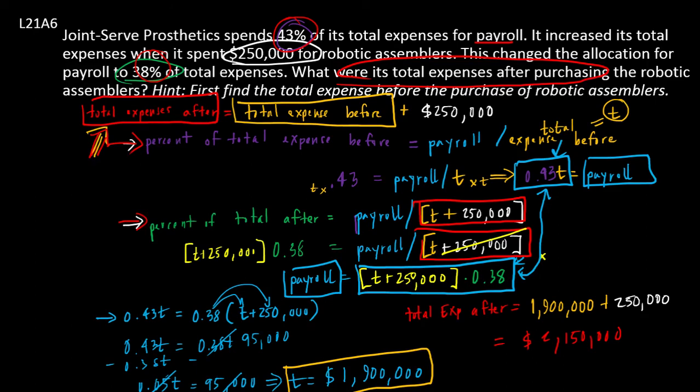So payroll, the number itself, didn't change. That key allowed me to solve for payroll in both instances in terms of t. Setting my two t equations equal to one another allowed me to solve for t, which was equal to total expenses before. Then all I had to do was add $250,000 to find my total expenses after.